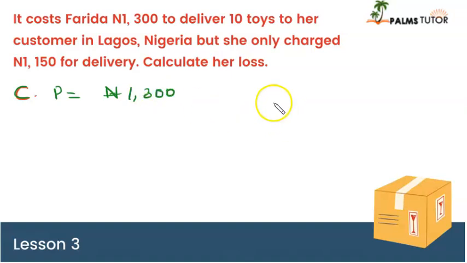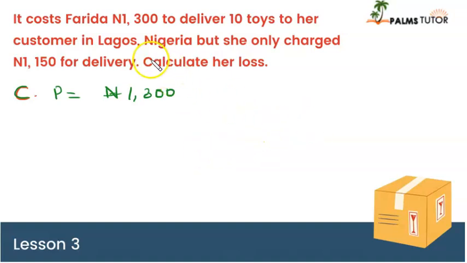Now, I've always advised that when you're solving mathematical problems, don't try to look at these things as aliens, right? These things are real. Mommy buys toys for you, right? Daddy also buys toys for you. Sometimes you don't go to the supermarket to pick them. Someone has to deliver it. Those things would cost the business owner some money, or your parents some money to deliver it to your house.